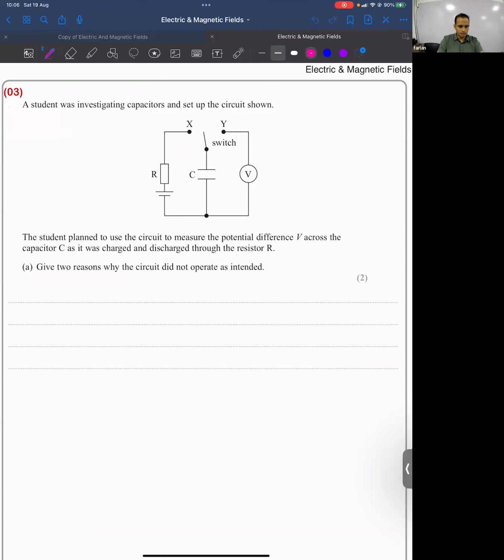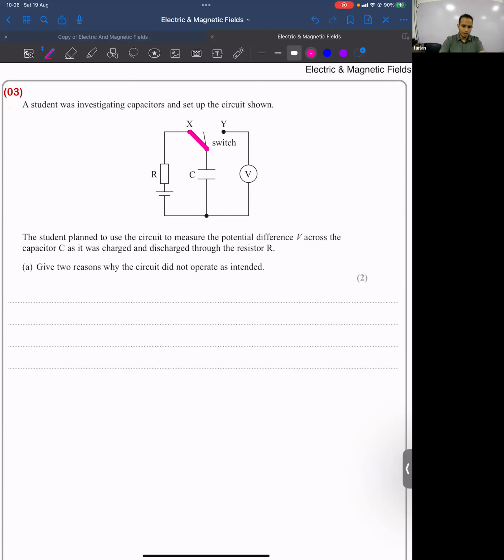Okay, do you think he did it right? No. What are the problems you see? One is the resistor is on the wrong side because it is in series with the battery. So when the switch is connected to X, the voltmeter is not going to measure any voltage.